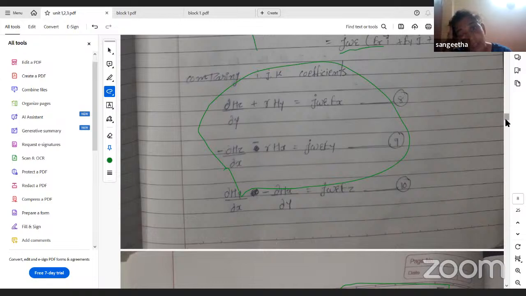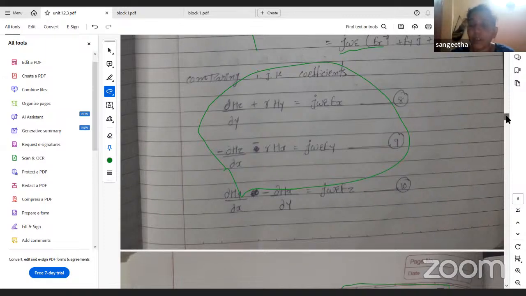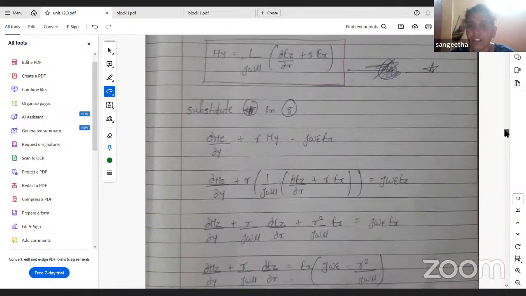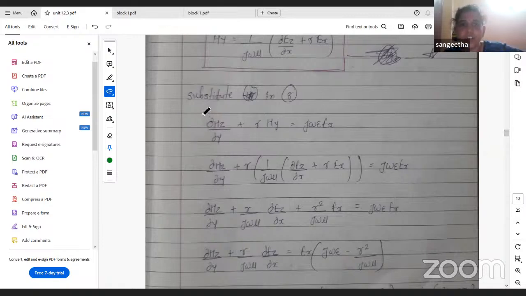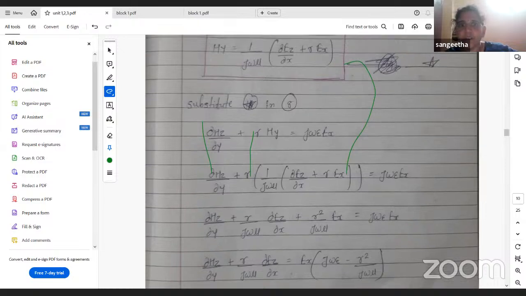Equation 8 is dou Hz by dou y plus gamma times Hy equals j omega epsilon Ex. So here I write dou Hz by dou y as it is, gamma as it is, and in place of Hy I substitute 1 by j omega mu times dou Hz by dou x plus gamma Ex, equal to j omega epsilon Ex.